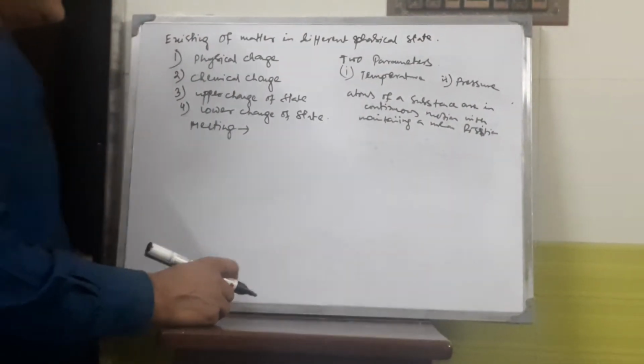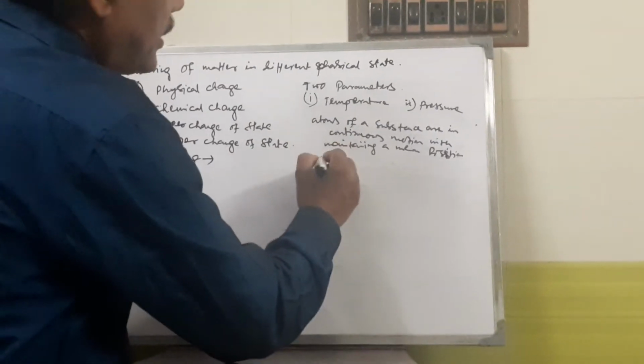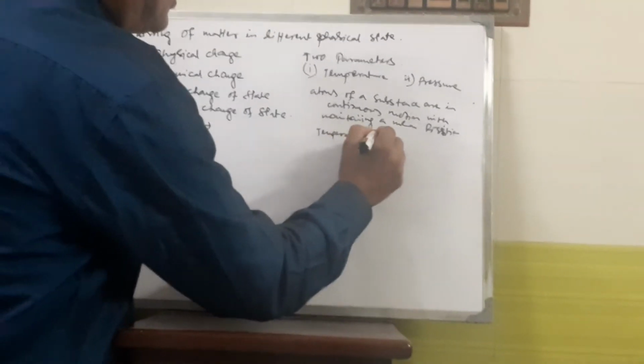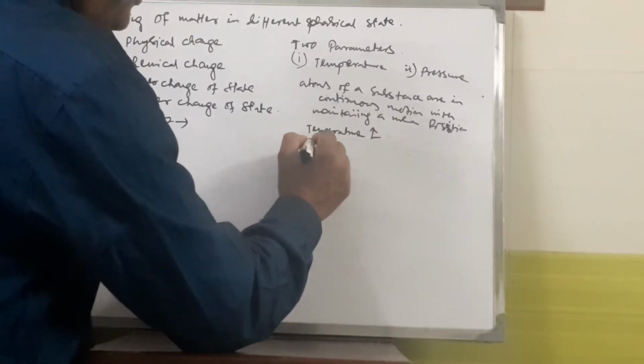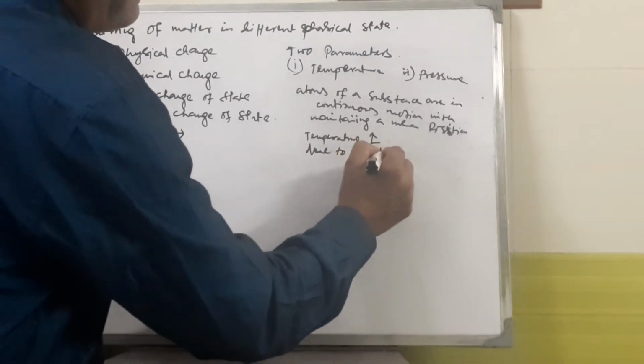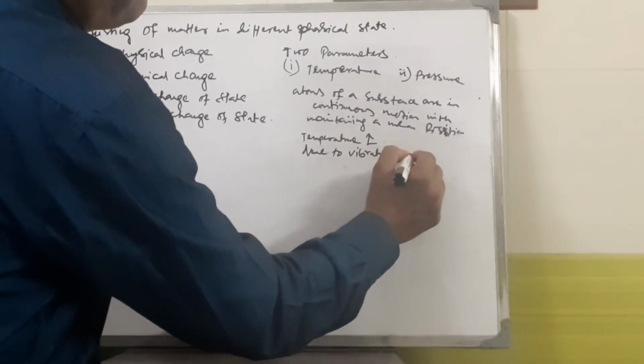So if we add some external heat to a substance, then atomic vibration will increase, and that will be sensed by temperature increase. Temperature increase is due to vibration increase of atoms.